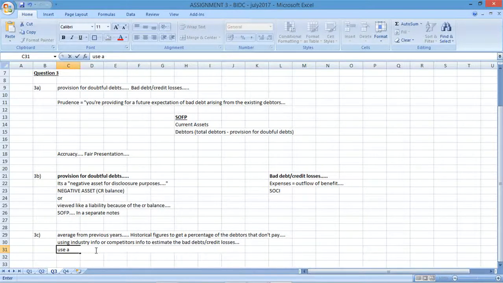So you could use maybe a benchmark from previous info or previous years as a base, and you could then review that. The base could be adjusted higher or lower depending. So maybe last year was 5%, you might want to increase it to 6% because the economy is not doing very well. It all depends.